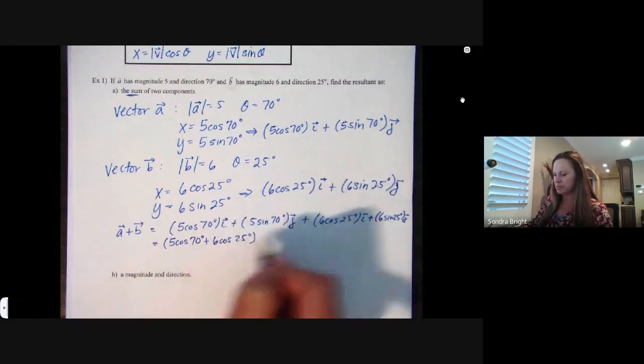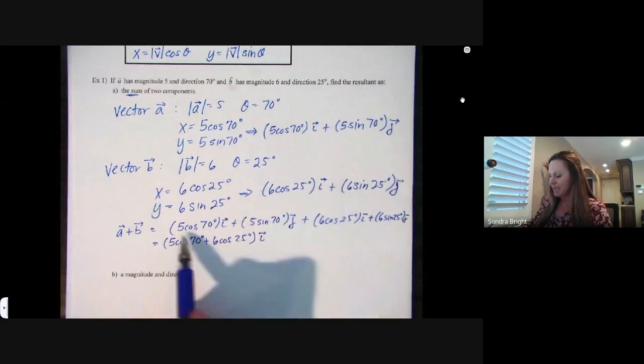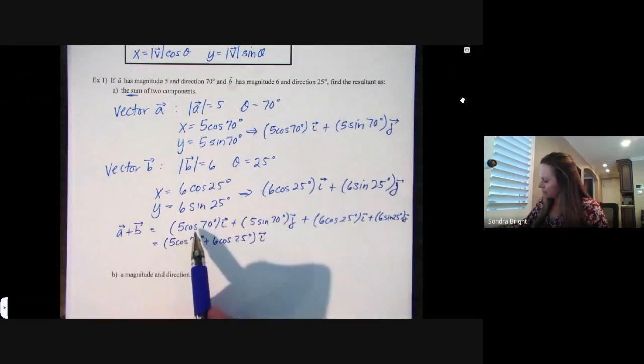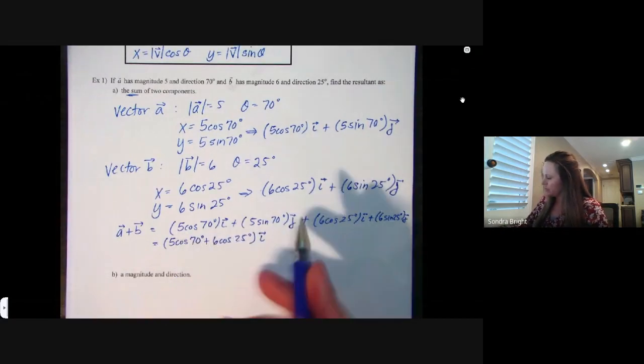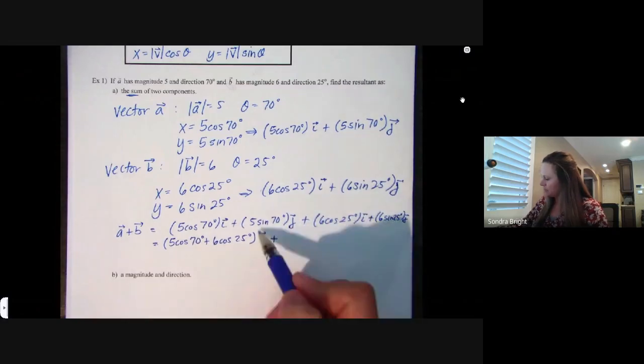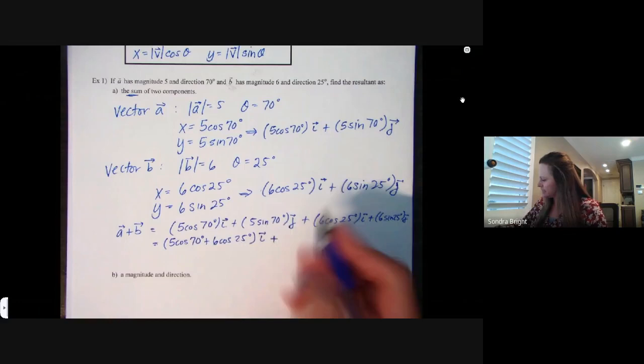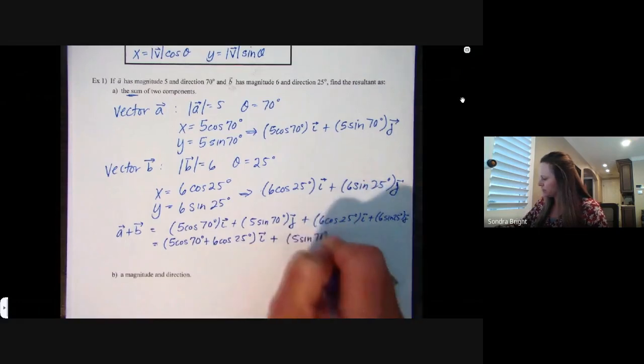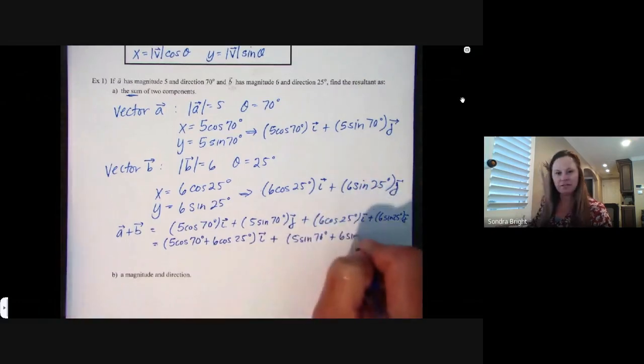I'm combining like terms, right? And then for the j, I've got 5 sine of 70 degrees plus 6 times sine of 25 degrees times vector j.